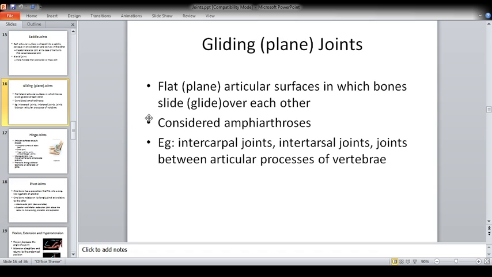So flat plane articular surfaces in which bones would slide or glide over each other. These are considered amphiarthrosis. The examples are intercarpal joints between the carpals, intertarsal joints which are present between the tarsals, and joints between articular processes of vertebrae. So they would allow movement to a very little degree. They would not allow so much movement.